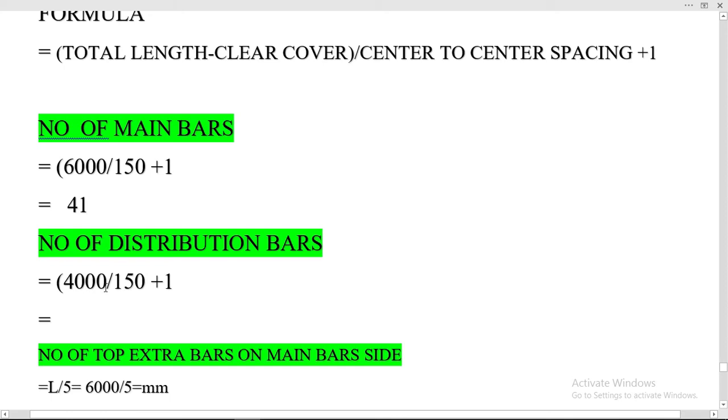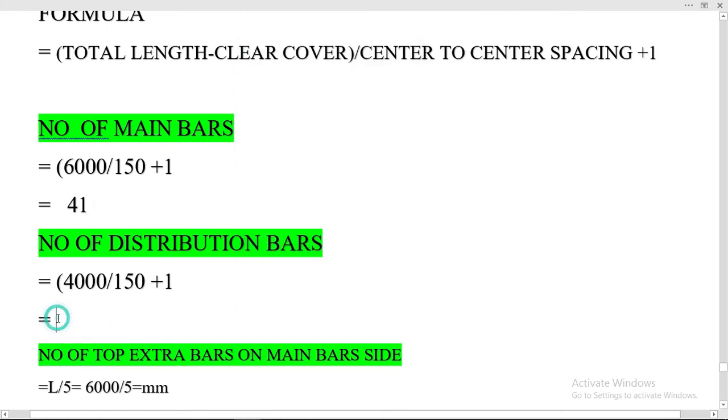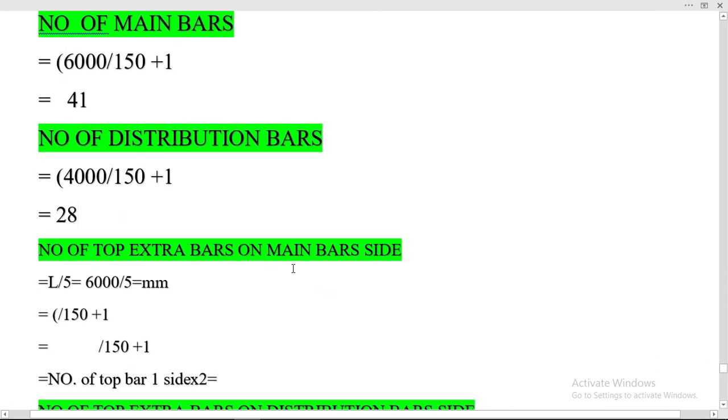And number of distribution bar, let me calculate on the calculator. 4000 divided by 150 center to center spacing plus 1, this is 26.66 plus 1, 27.66, mean 28 numbers of distribution bar required.